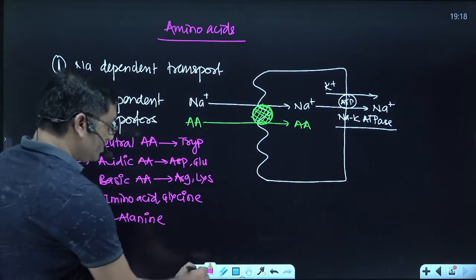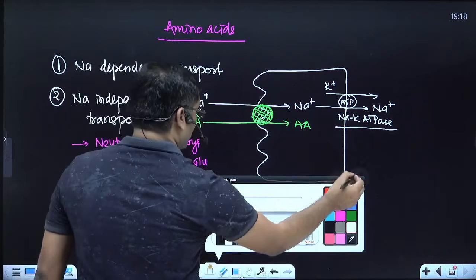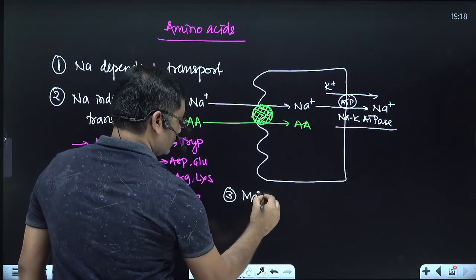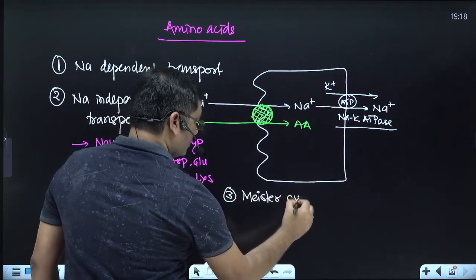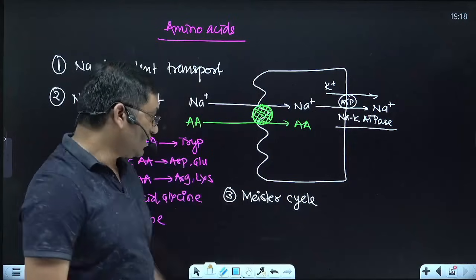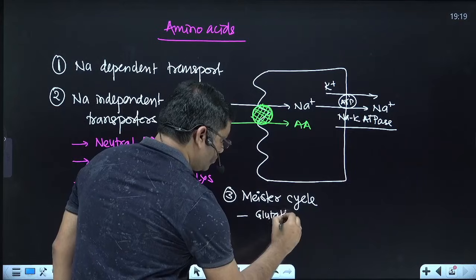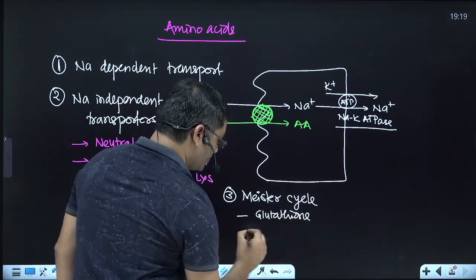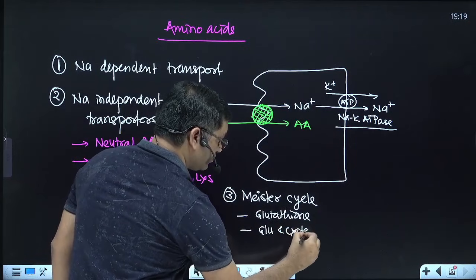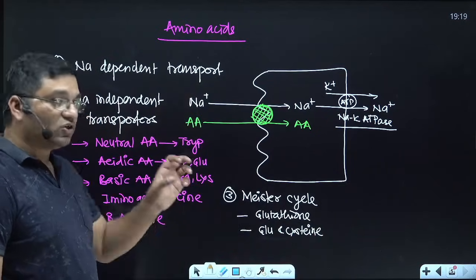Then the third type of transport or absorption is the Meister cycle, also known as the gamma glutamyl cycle. There is involvement of glutathione, and this is for the transport of glutamate and cysteine. It is a costly cycle.